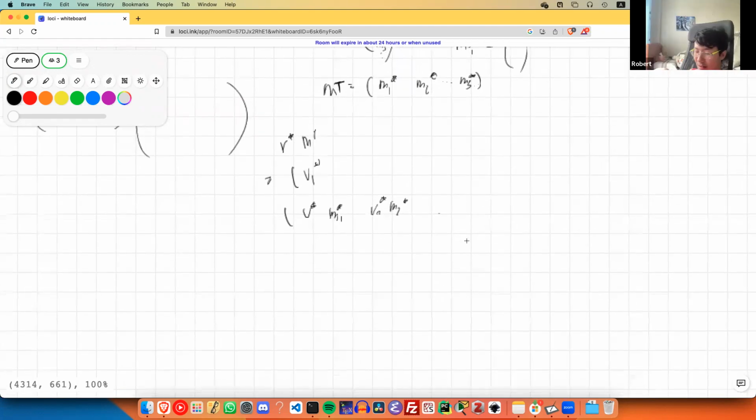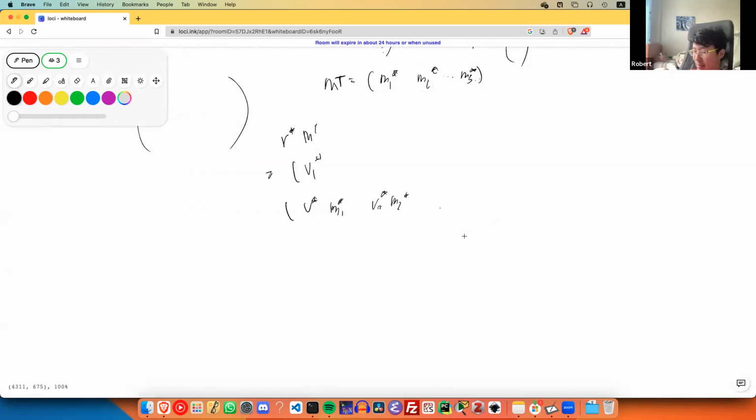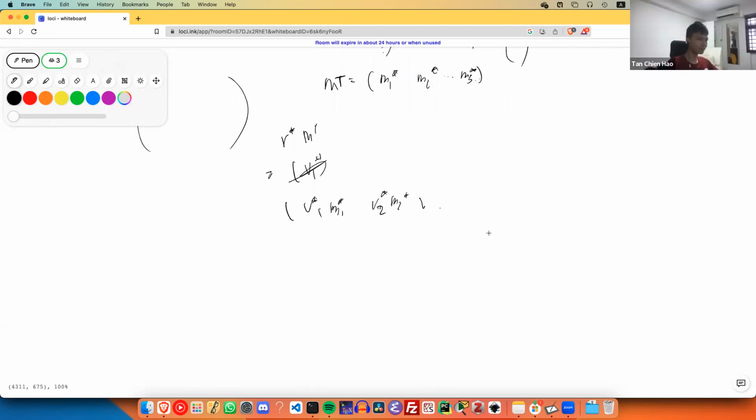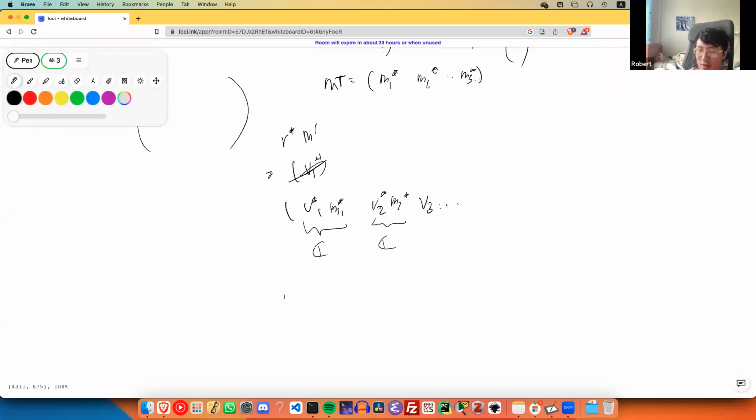But not really the vector multiplied inside by itself, not V1 or whatever. It would be V1, V2, V3. Each one of these is a complex number, right? If it's V1, V2, V3, each one is like the column vectors.